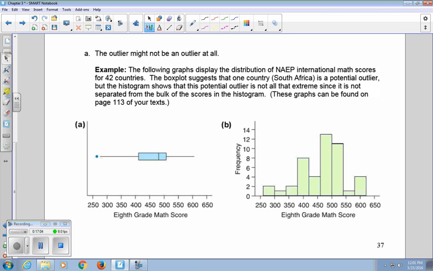The box plot, when they did the outlier test for a modified box plot, showed that one, South Africa, was a potential outlier. But if you look closer at the histogram over here on the right, there aren't any separations. It's not separated from the bulk of the scores. So this really isn't an outlier that we need to be concerned about. It probably just barely didn't make the cutoff for the outlier test.